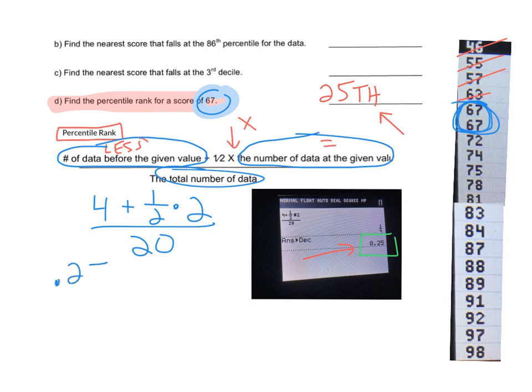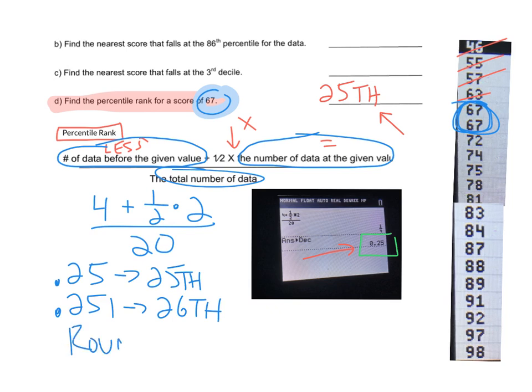So for example, 0.25 is the 25th percentile. But if you would have gotten 0.251, that means you're past the 25% mark, and now you're in the 26th percentile. So you always have to remember that when you do percentile rank problems, you always round up accordingly.